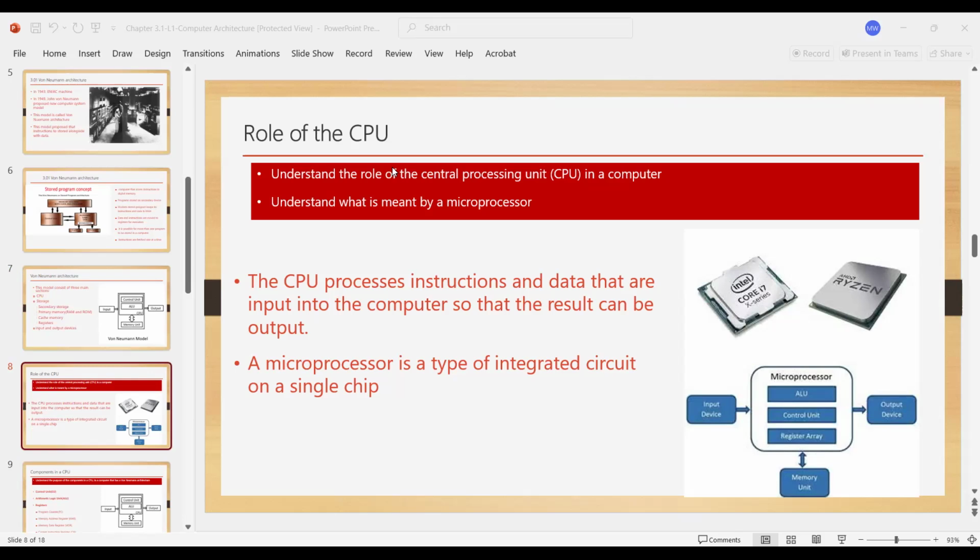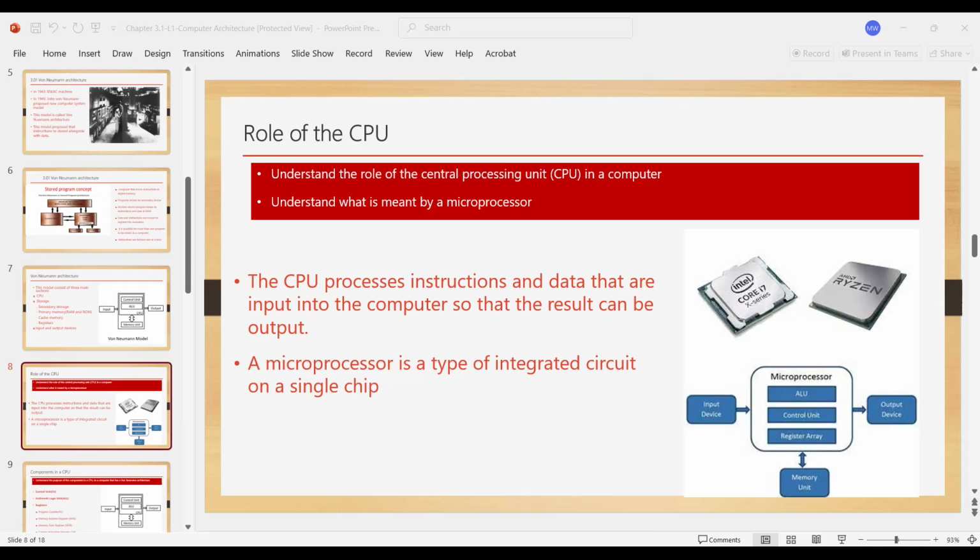So, if I ask what is the role of a CPU, the CPU processes instructions and data that are input into the computer so that the result can be output. So the reason for using a CPU is to process the tasks and data that are input into the computer, so that your results can be generated.